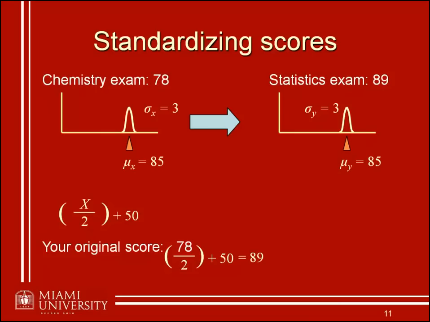So in other words, when you transform your chemistry exam score so that it's on the same distribution that your stats exam is, it actually becomes the exact same score. In that sense, you've done equally well on these two exams, even though your raw scores may be somewhat different. So you can tell that to your parents the next time they chastise you for not studying as hard for your chemistry exam.